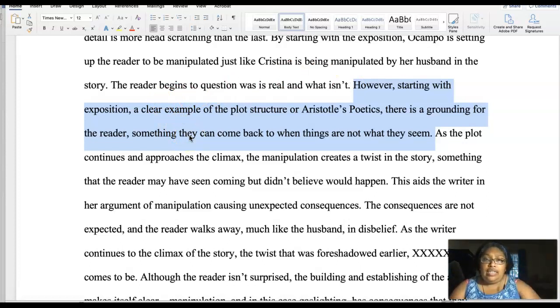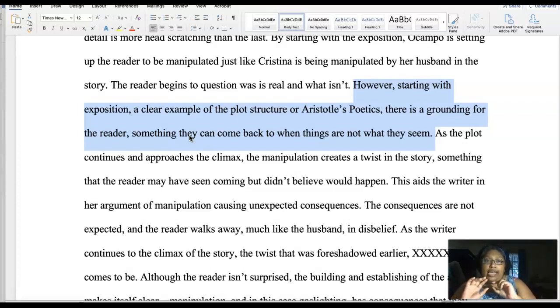And the reason that exposition here is so important is that it grounds the reader. She's not only talking about the thing or the technique, but the effect and the impact of the literary device, or in this case, the part of the plot structure. Why it's important for the reader and the impact that it has.